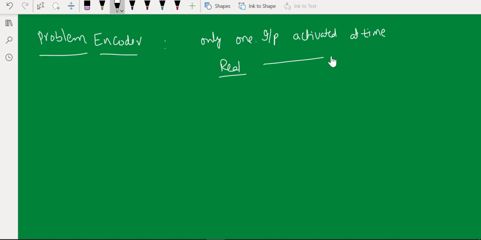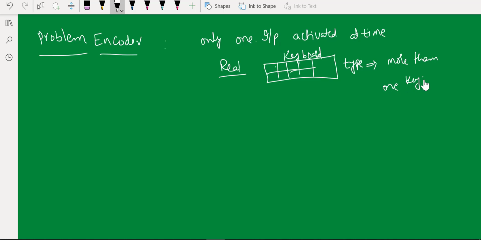Suppose let's take a simple keyboard, your alphabets keyboard or your numerals keyboard. When you type, there is a possibility that more than one key is pressed.